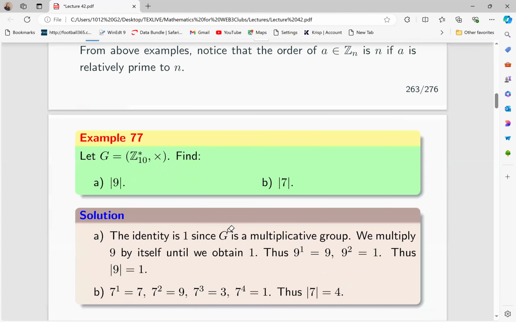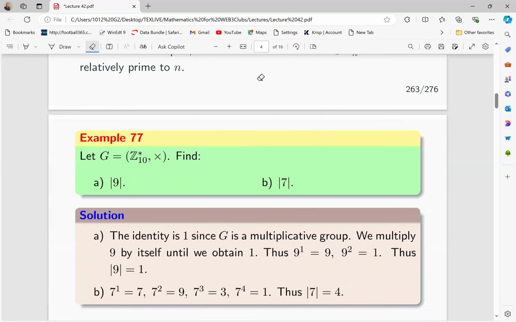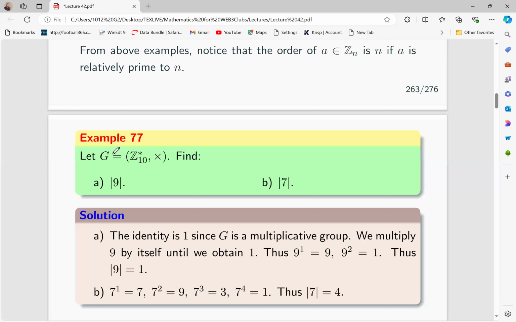Now, when the group is multiplicative, like this one, we know the elements in this group.